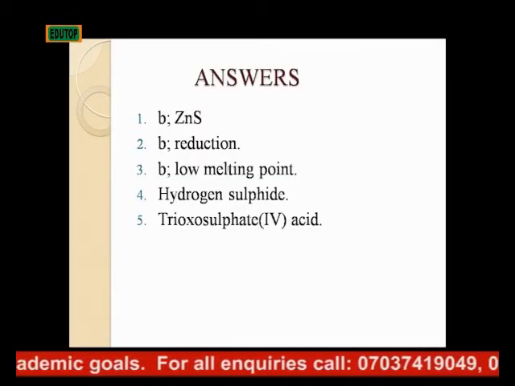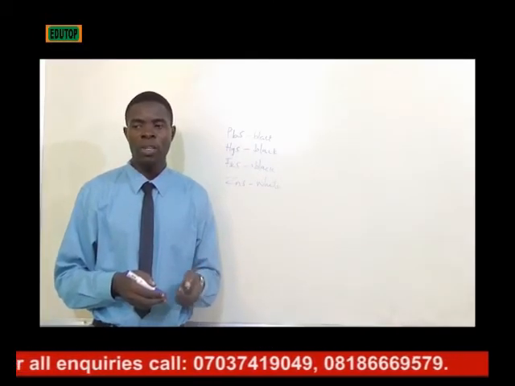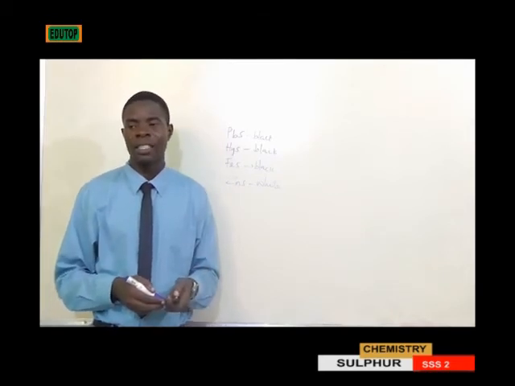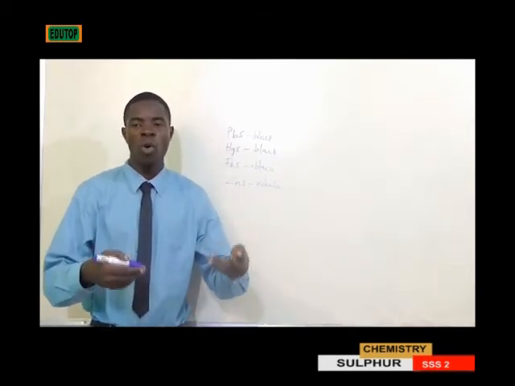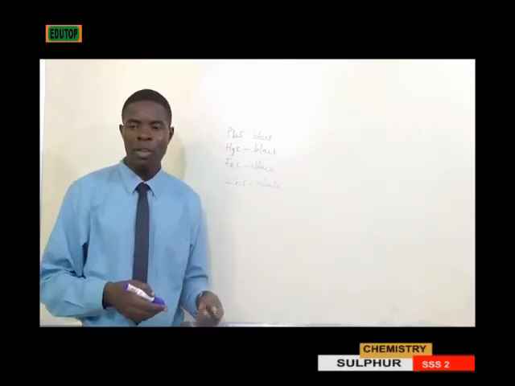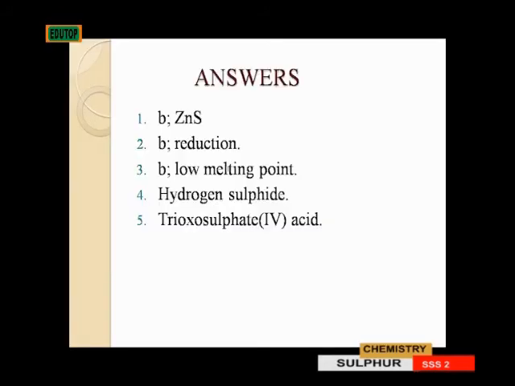Because if the melting point is high, it will be difficult for sulfur to be extracted due to the binding forces holding the molecules of sulfur together. So the answer to question number 3 is low melting point, which is B.